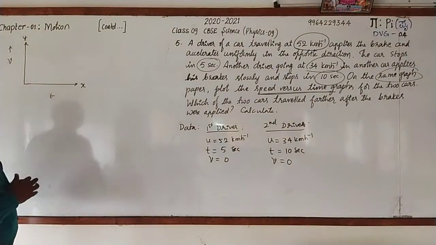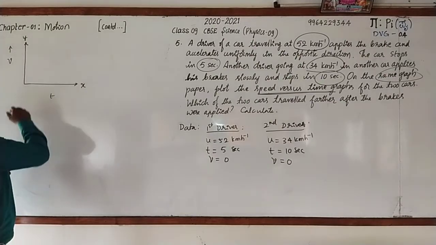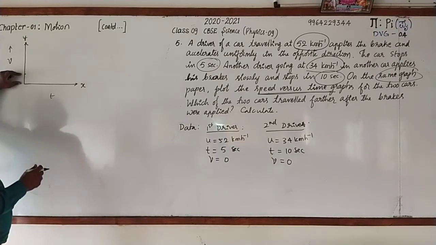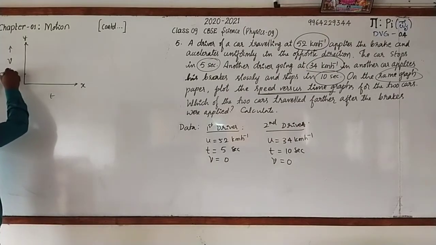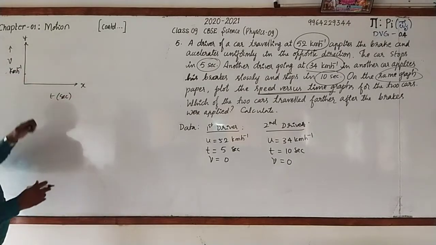The first driver is traveling at 52 km/h and the second driver at 34 km/h. How do you take it? You can take 1 centimeter equal to 10 km/h, and time has been given in seconds.